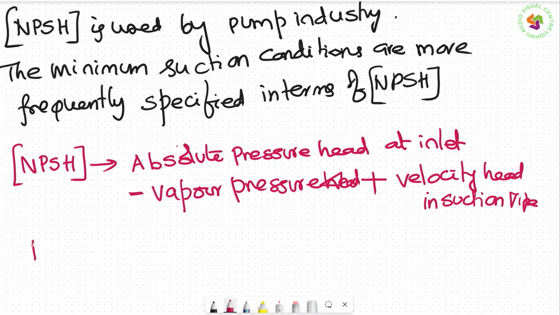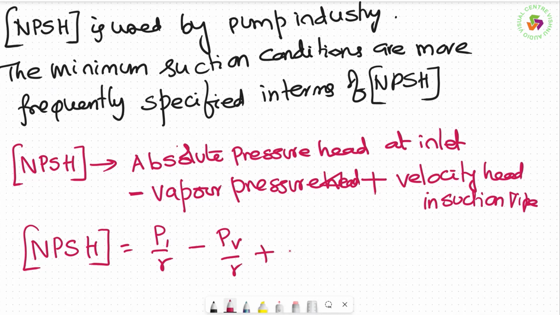As an equation, NPSH is equal to P1 by gamma minus Pv by gamma plus Vs squared by 2g. This is the definition of NPSH.